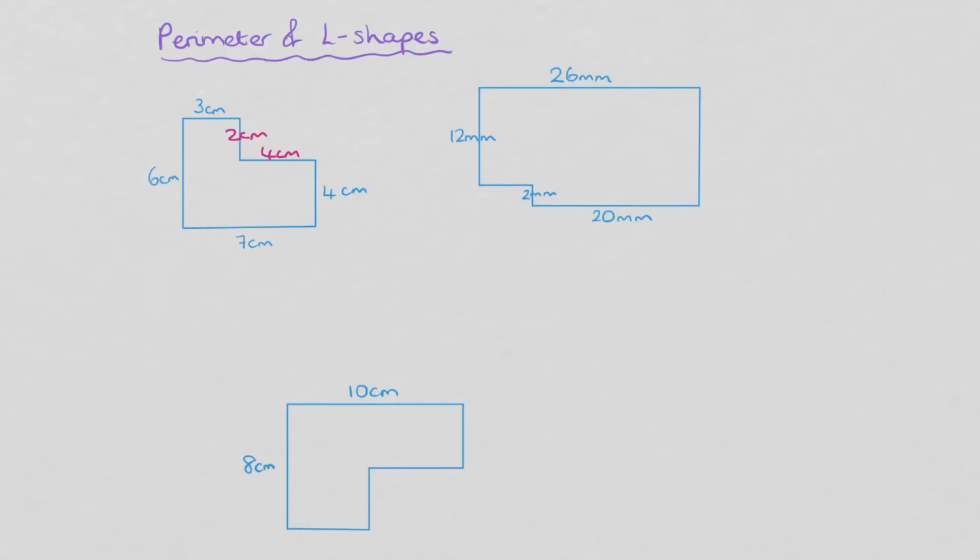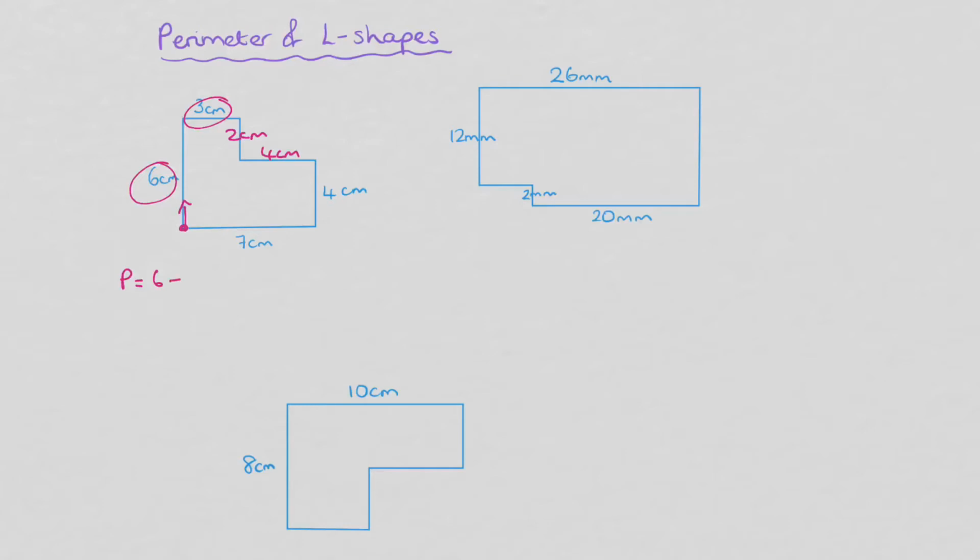But now that we have found that, we can add all that up. So let's pick a starting point and say perimeter equals, we're going to go that way. So we'd have 6 centimetres, then 3. I'm trying not to write the centimetres. We don't need to as part of the work.